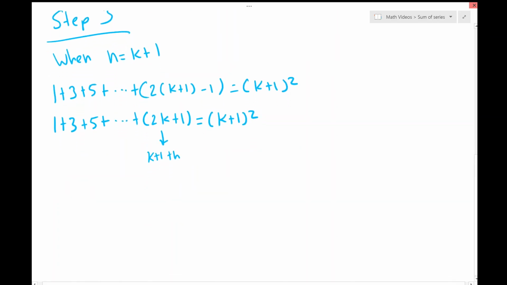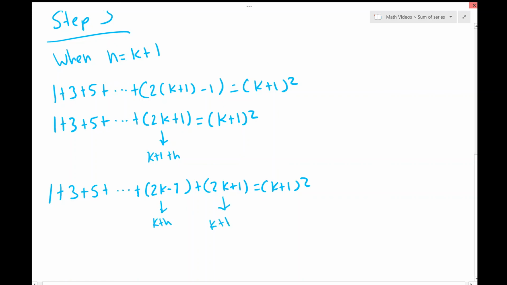So the left hand side is the same thing as 1 plus 3 plus 5 plus ... plus 2k minus 1 plus 2k plus 1 equals (k plus 1) whole squared, because this is the kth term, and this is the (k plus 1)th. The kth term is before the (k plus 1)th.